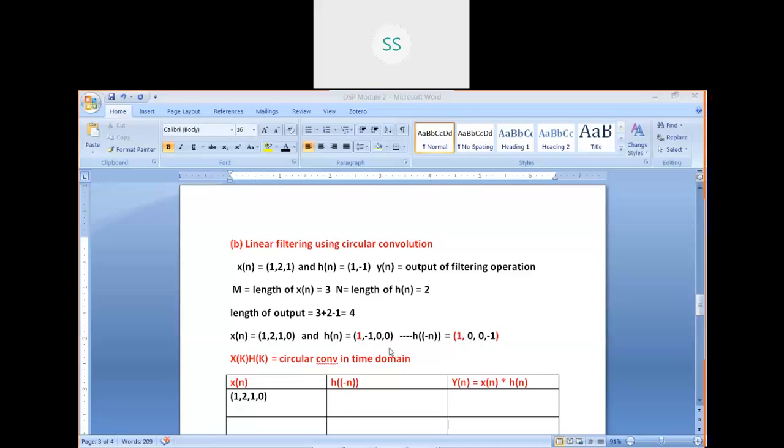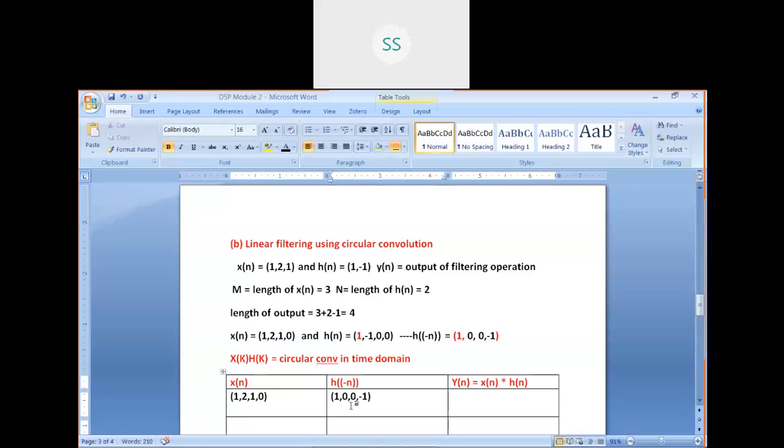Then this 0, 0, minus 1, write in the reverse order. So start with 0, 0 and then end at minus 1. This is the circularly reversed sequence. Now that sequence is used here to compute the result. It is 1, 0, 0, minus 1.